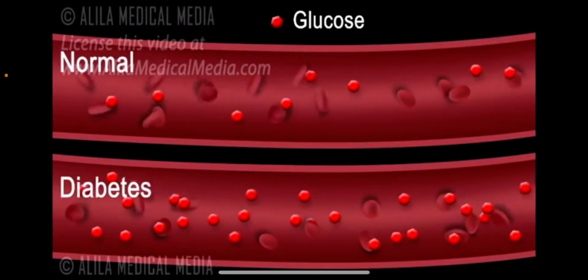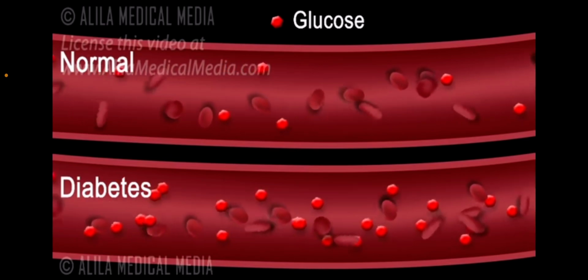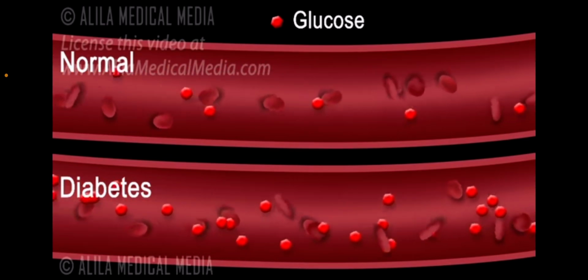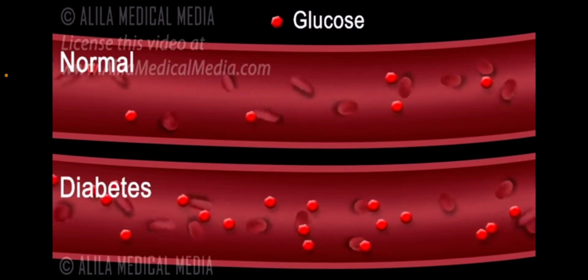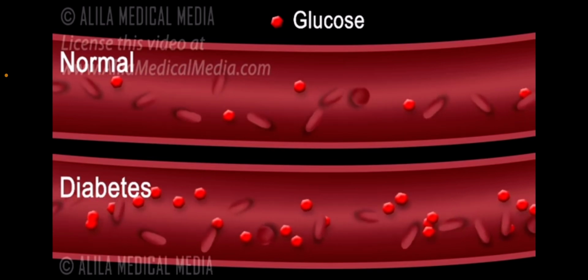Here we Diabetes refers to a group of conditions characterized by a high level of blood glucose, commonly referred to as blood sugar. Too much sugar in the blood can cause serious, sometimes life-threatening health problems. There are 2 types of chronic diabetic conditions: type 1 diabetes and type 2 diabetes.